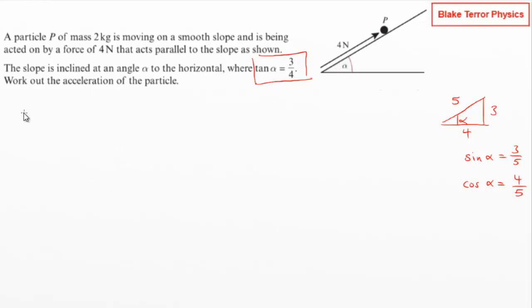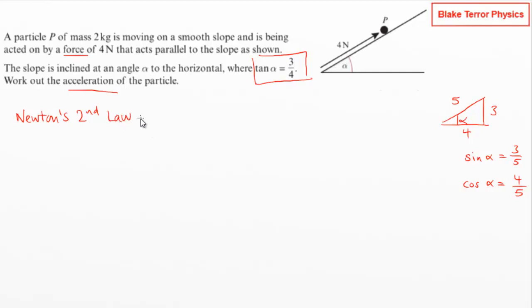We want to work out an acceleration and they've given us a force. As soon as you see these two things together, we know we need Newton's second law. It's always good practice to write down what it is that we're using.